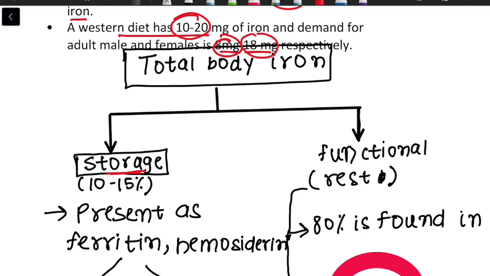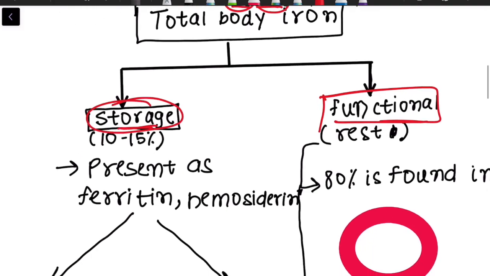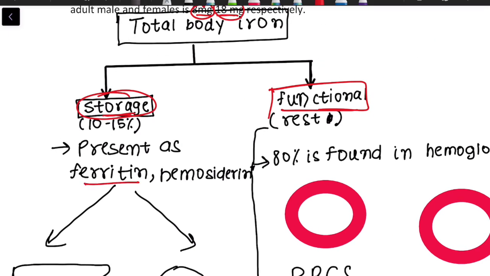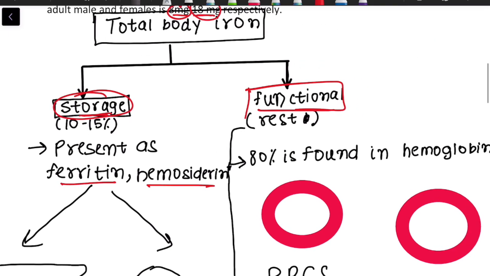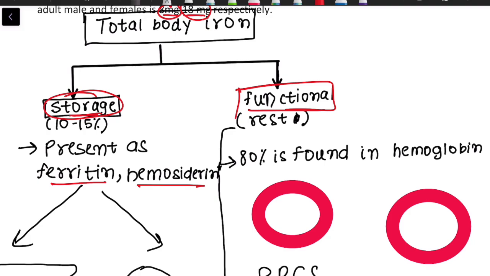If I talk about total body iron, there are two forms of total body iron. The first is the storage form, as the word suggests, where the iron is stored, and the second is the functional form, in which the iron is used in different molecules for carrying out necessary functions of our body. The storage form is present as ferritin or hemosiderin, and the functional form is the major form in our body, of which 80% is found in hemoglobin.